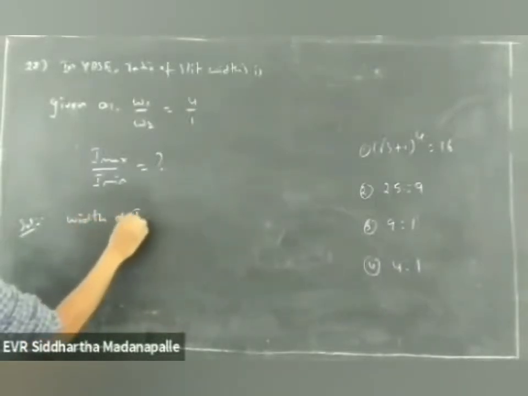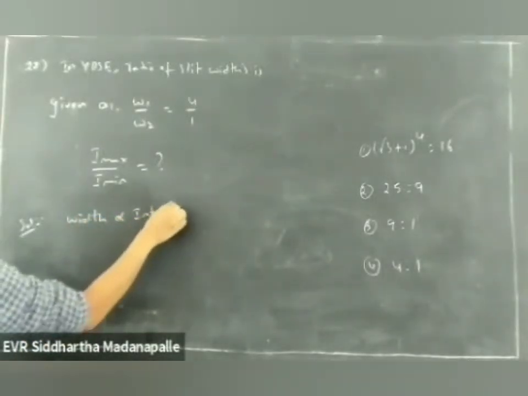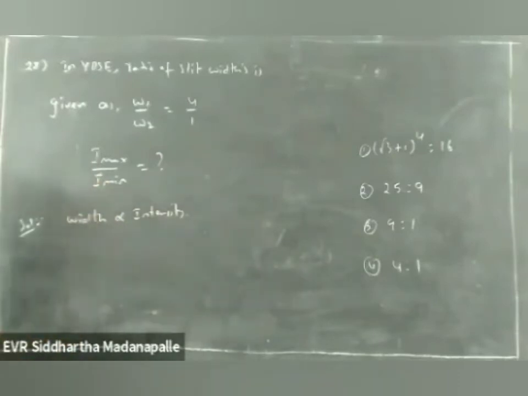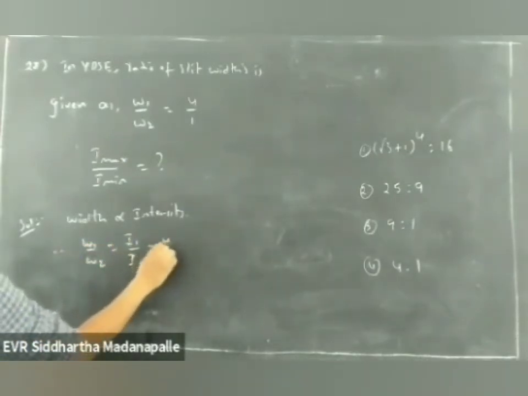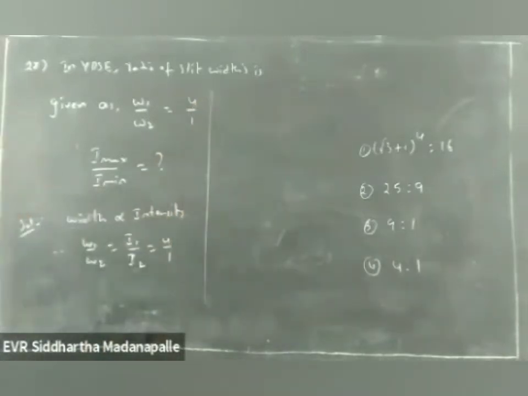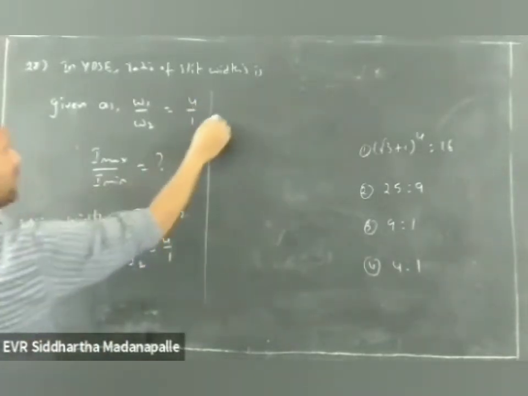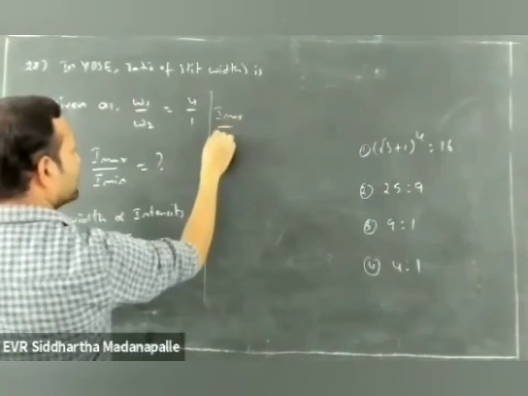Width is directly proportional to intensity. Remember, as the width of the slit increases, intensity also increases. Okay, so therefore here W1 by W2 is equal to I1 by I2, which is equal to 4 by 1. Now we have to write I max by I min.